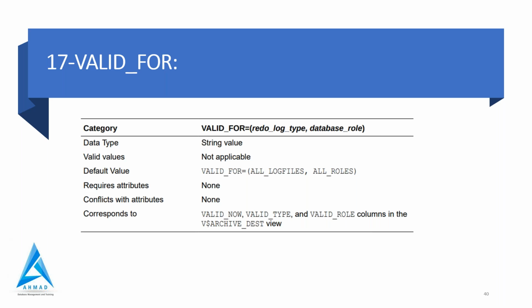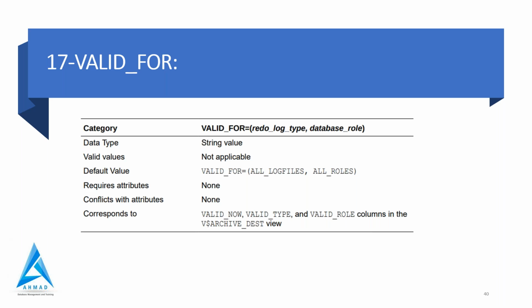And when you specify all_logfiles, then the destination is valid when archiving either online or standby. In database role, you have three values: primary_role, standby_role, and all_roles. Primary_role means when the database is running in the primary role. Standby_role means when the database is running in the standby role. And when you say all_roles, then the database can be a primary or a standby.